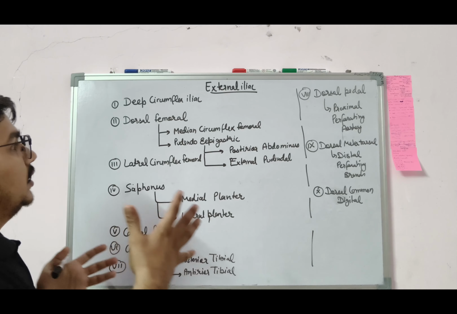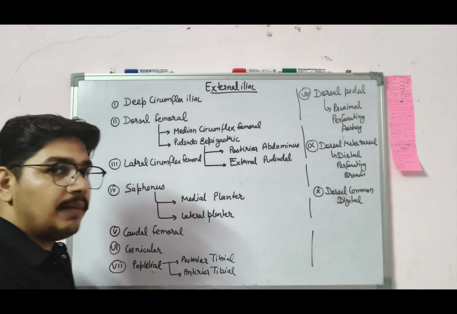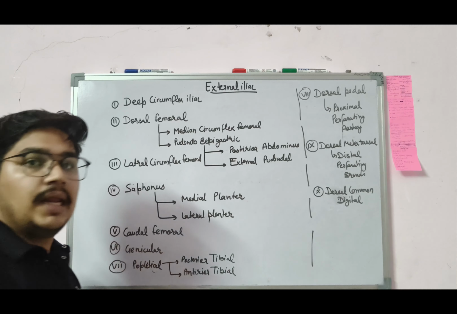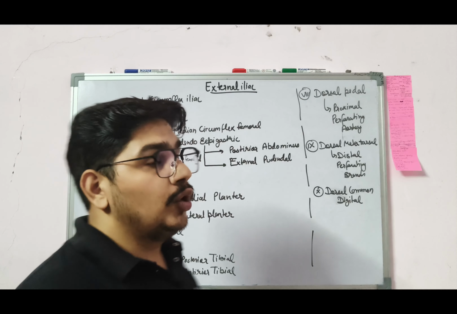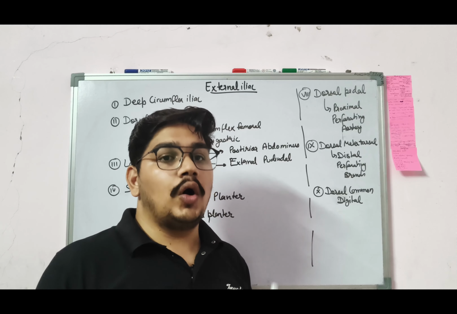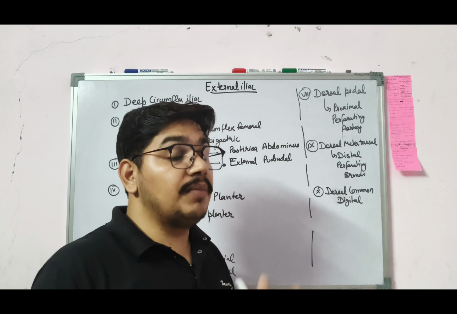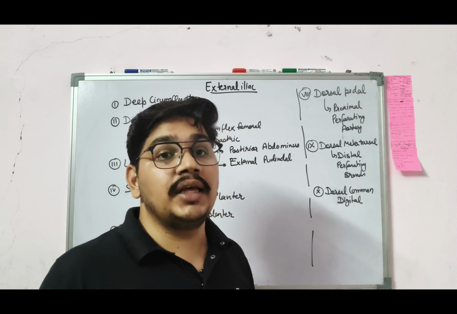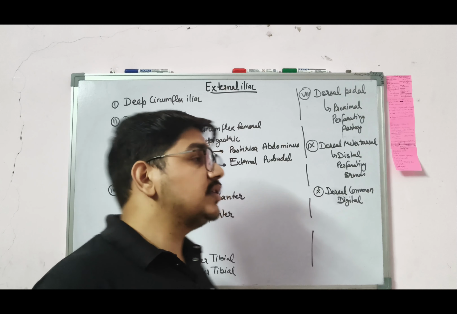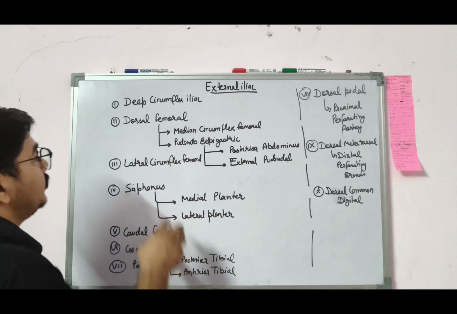When we draw the diagram, it will be clearer where the position is and which type of muscle it will supply. So before watching this video, you should keep in mind the muscles of the hind limbs and their origins and insertions, so you can correlate where it supplies.